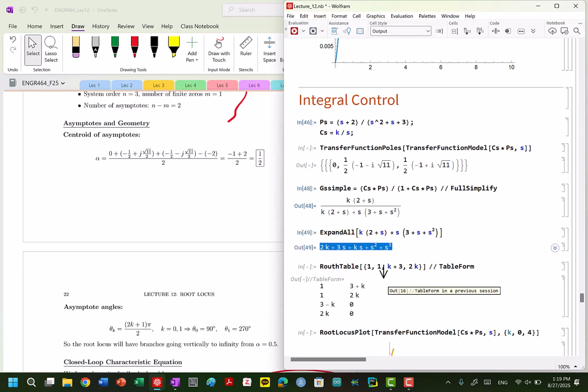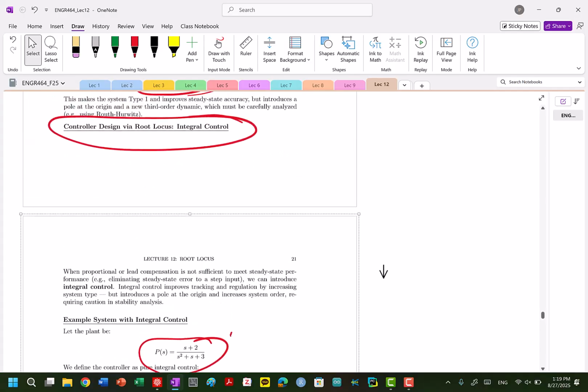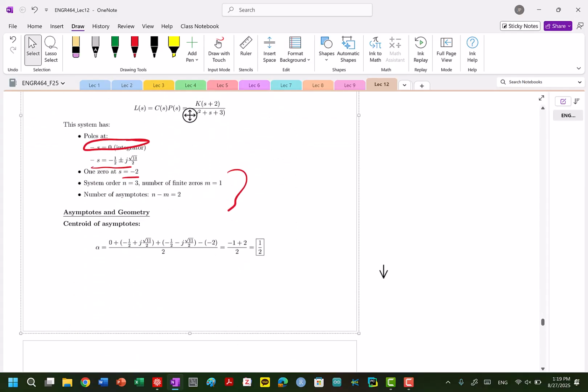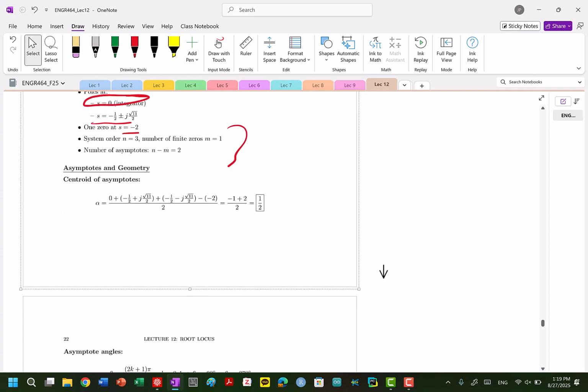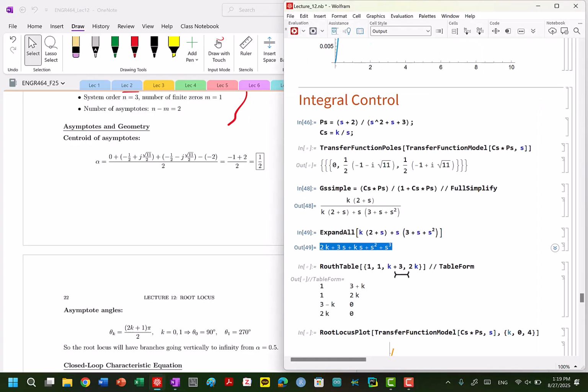And now in our Ruth table, we want to see what values of K, and put some bounds to make sure that our system is going to maintain and not become unstable. And we can double check these values in just a bit. But you can see it here.